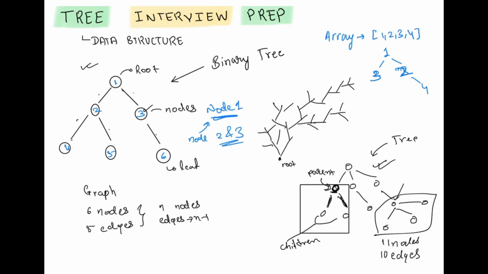Similarly, node 2 stores the information somewhere, somehow, we don't know yet, that 4 and 5 are my children. 3 stores the information that 6 is my child, and 6 stores the information that I have no children. And the opposite direction flow of information does not take place in a tree.